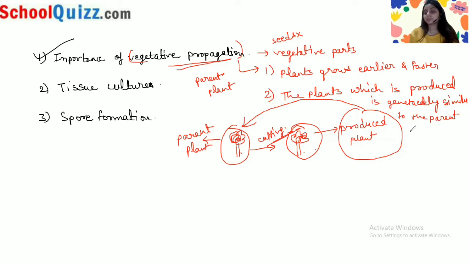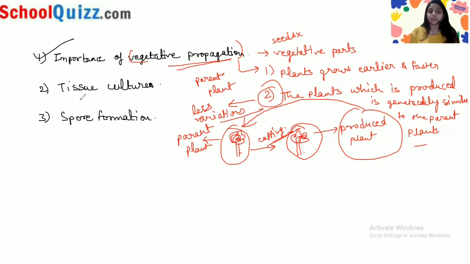Means the variation which we have studied is lesser than in seed plantation. In the vegetative propagation method, this second point means less variation in the plant. So these two are the importance of vegetative propagation: plants grow earlier and faster, and the plants produced are genetically similar to the parent plants.